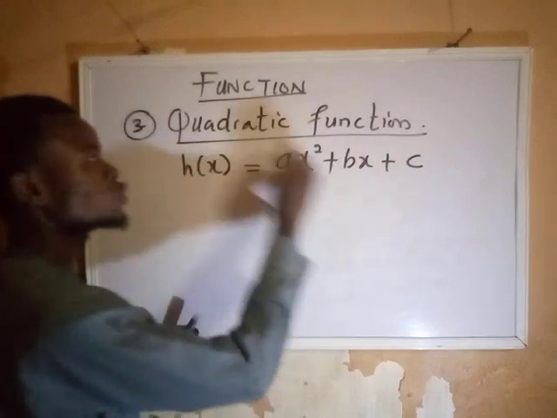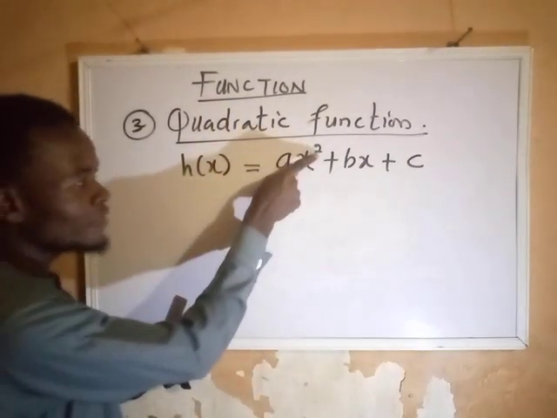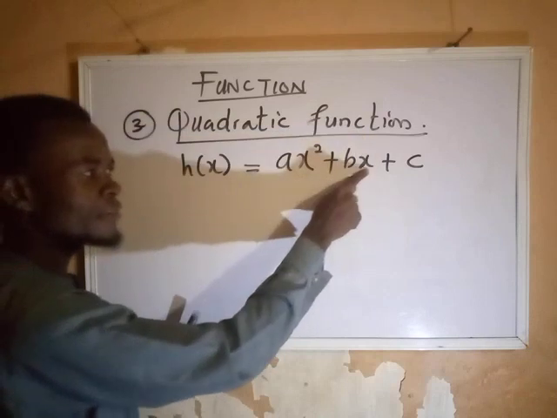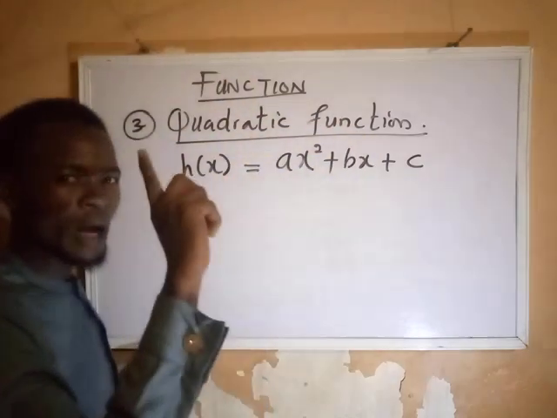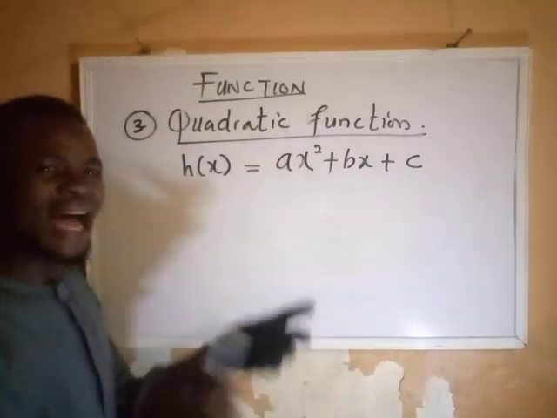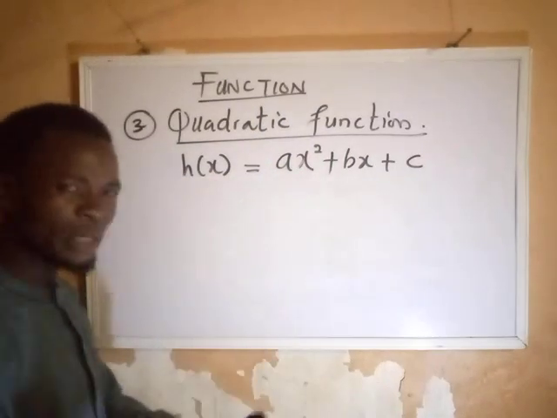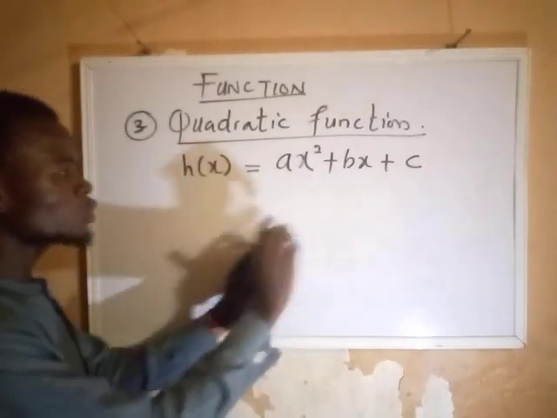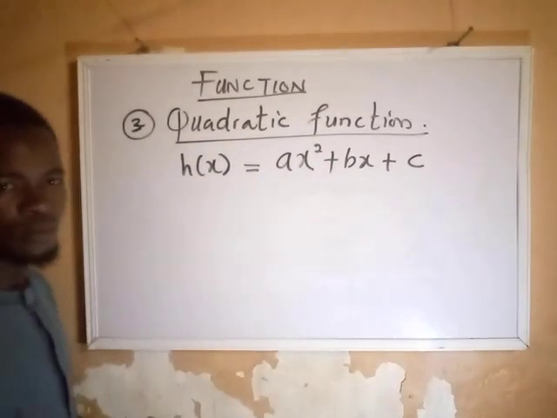So automatically this is a quadratic function because we have the highest power to be 2. We still have another variable which takes on the power of 1, but we don't consider that. The one with the highest power is the one that determines the type of function we are dealing with. So we call this a quadratic function.